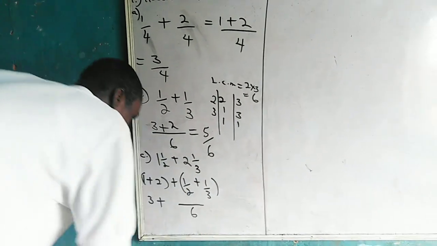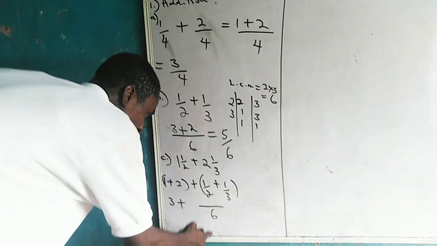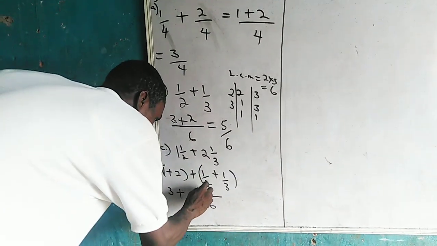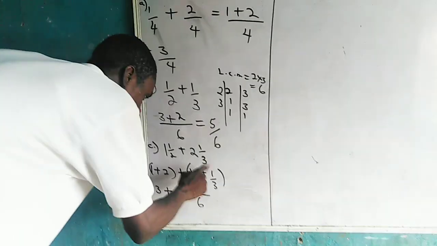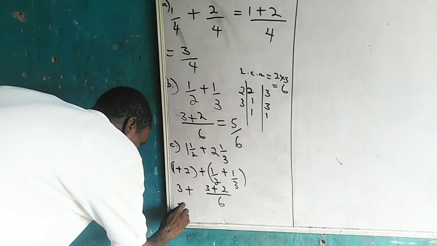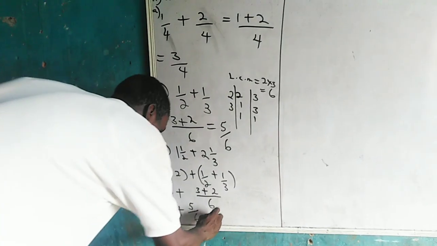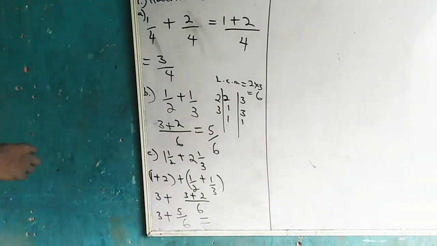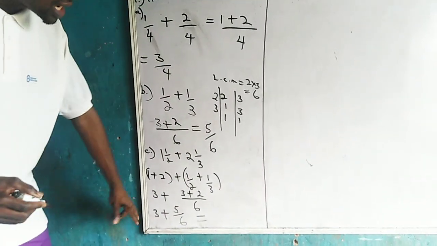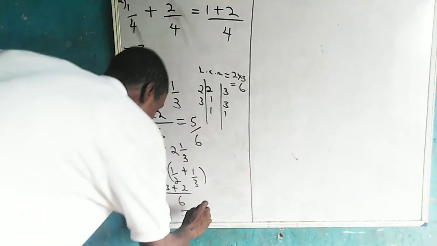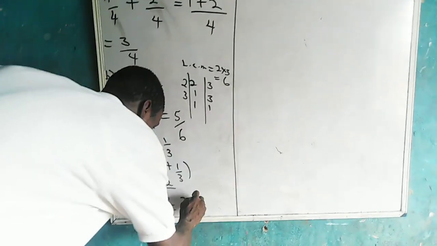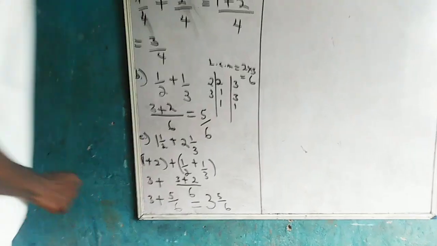Now, 2 into 6, 3, 3 times 1, 3, plus 3 into 6, 2, 2 times 1, 2. Now I have 3 plus 5 over 6. So I will combine everything together, and now I have 3 whole number 5 over 6.